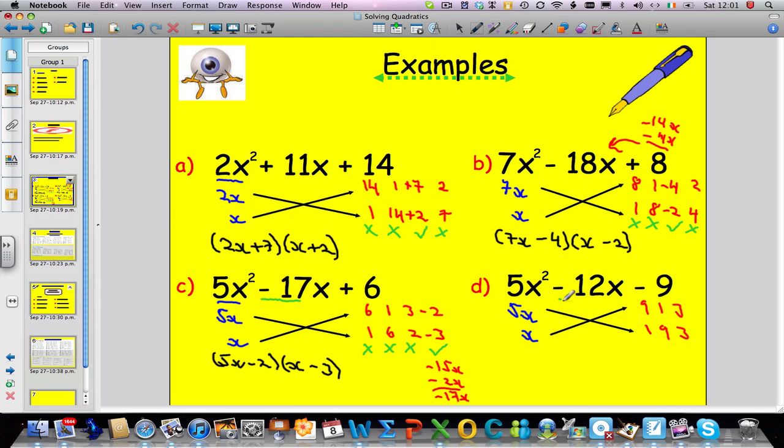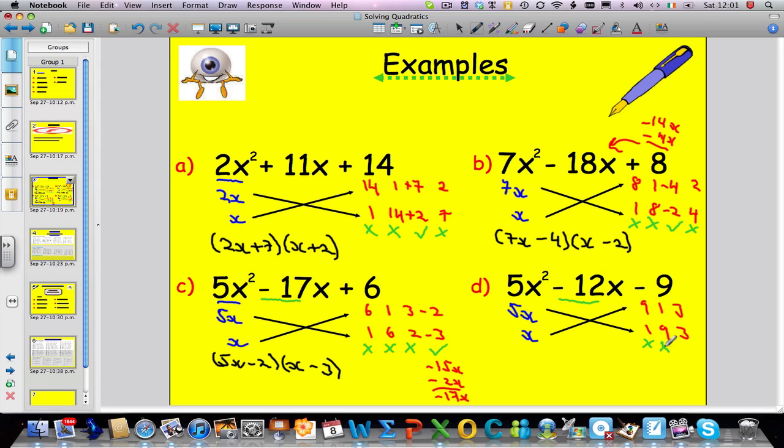To check to get our target number, our target number this time is going to be minus 12. So let's see. 5 times 1 is 5, and 1 times 9 is 9. Can I make a 12 using a 5 and a 9? Well, no, I can't. Let's check the next one. 5 times 9 is 45, and 1 times 1 is 1. 45 and 1.